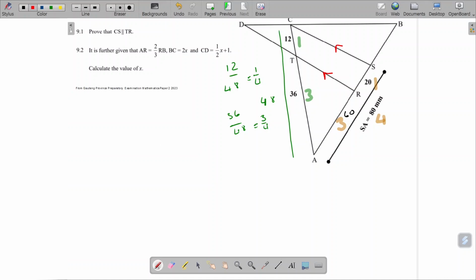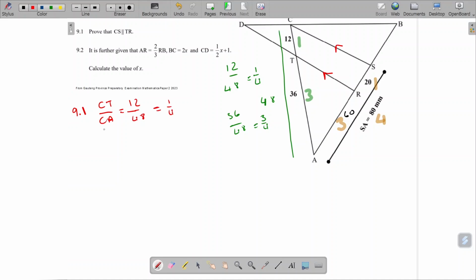Okay, so like I said, what we need to do is write this down. And so for 9.1, I'm going to do exactly that. We can see that CT over CA equals 12 over 48 equals 1/4.